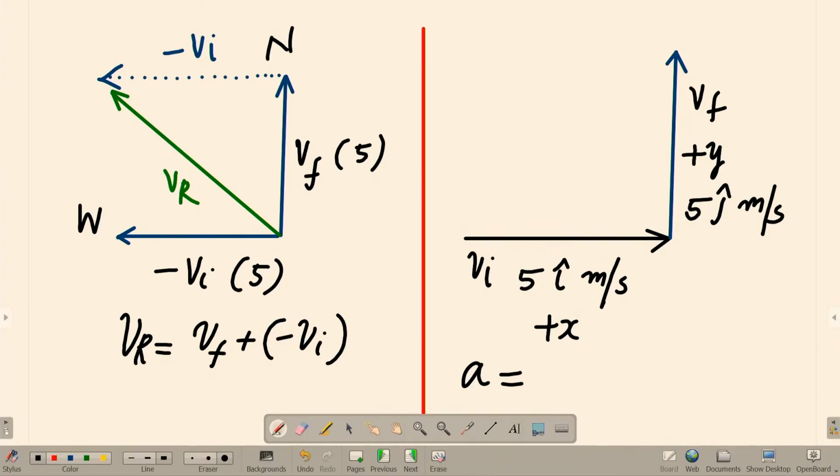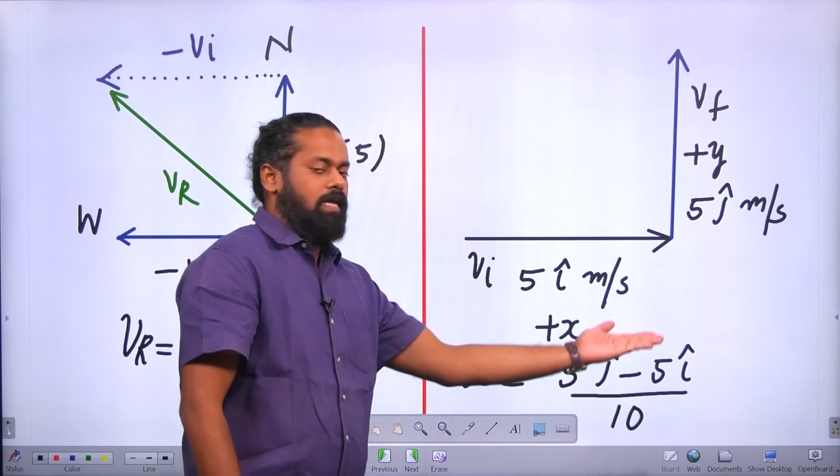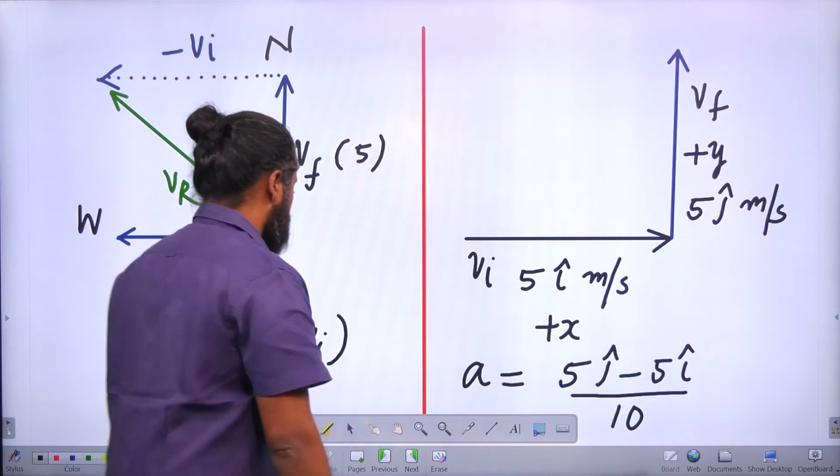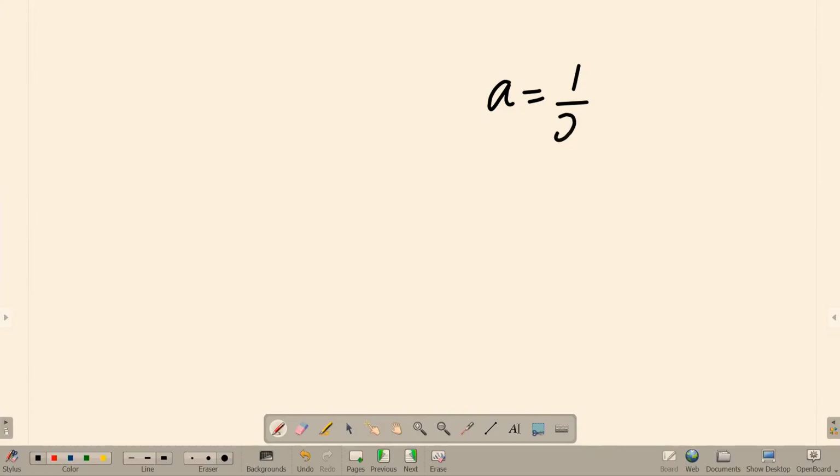Acceleration is equal to 5 j cap minus 5 i cap divided by time. So, we will get 5 by 10, or 1 by 2 i cap minus 1 by 2 j cap. So, acceleration is equal to 1 by 2 i cap minus 1 by 2 j cap. What is the magnitude?